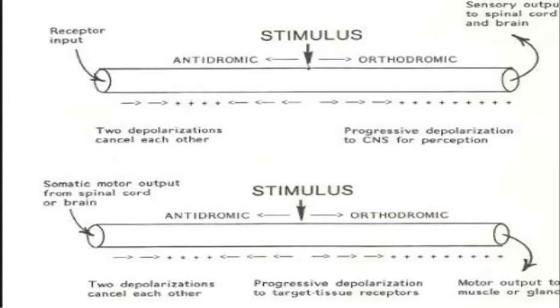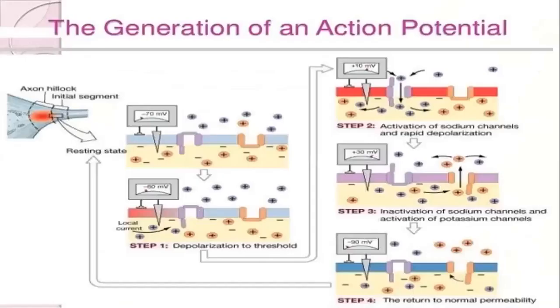Again, you can see the stimulus, antidromic conduction, orthodromic conduction. The two depolarizing potentials cancel one another because there is somatic motor input from the spinal cord or brain. Here you can see progressive depolarization to target tissue and receptor that occurs. So motor output to muscle or gland occurs.